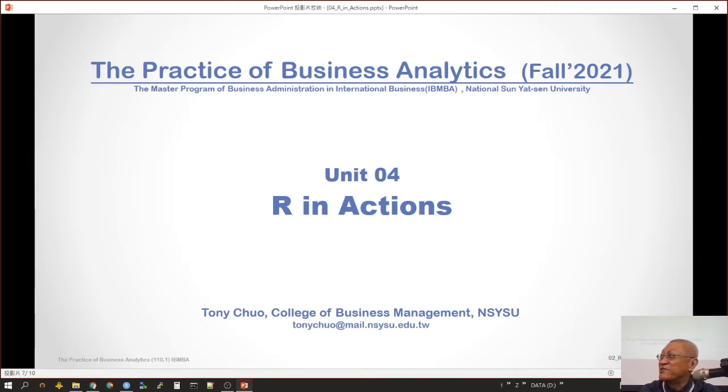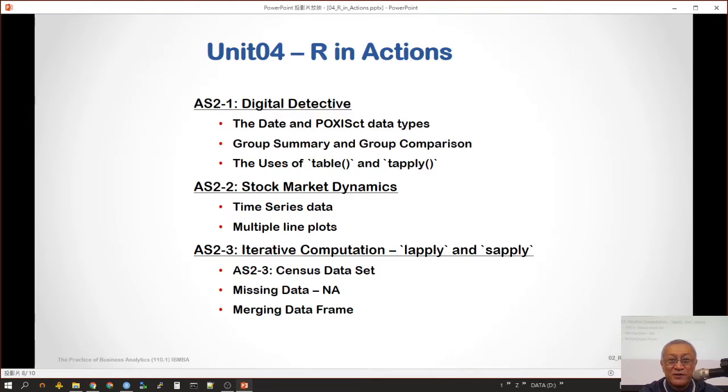The second one is the long-term stock price. And the third is the census data. So you already have done some exercise, and today what I'm trying to do is walk you through all of these 3 cases, okay?